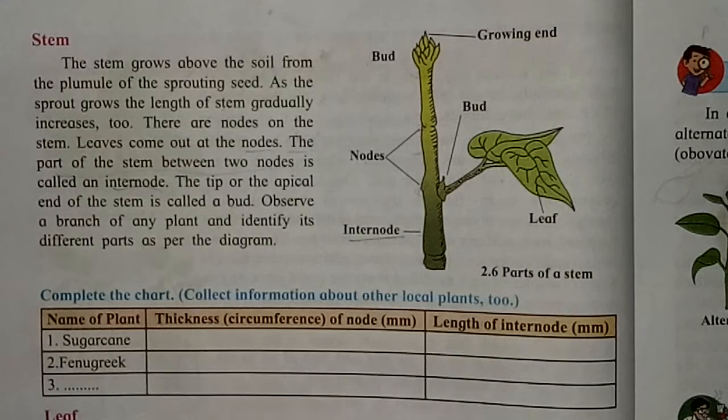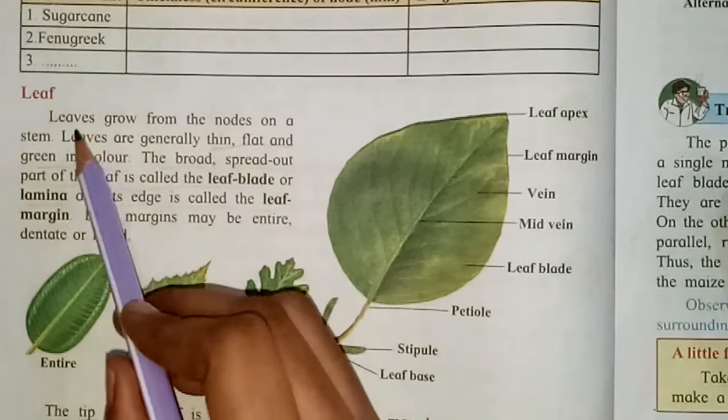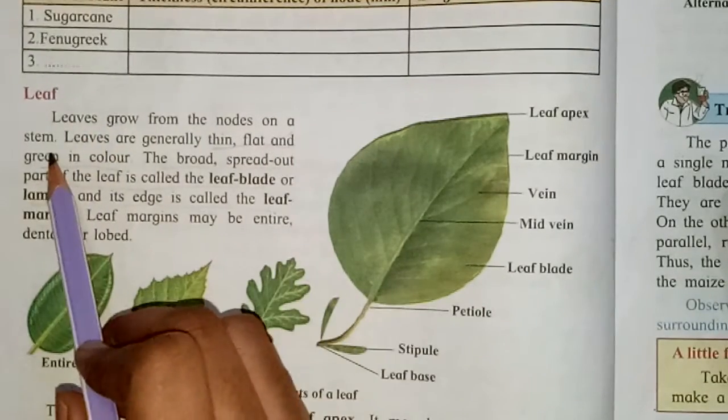Now next we'll see about leaves. Now we have seen all the parts of the stem. Now let's see what the parts of the leaves are. I have told you that from the nodes the leaves come out. As it is written here, leaves grow from the nodes of the stem.